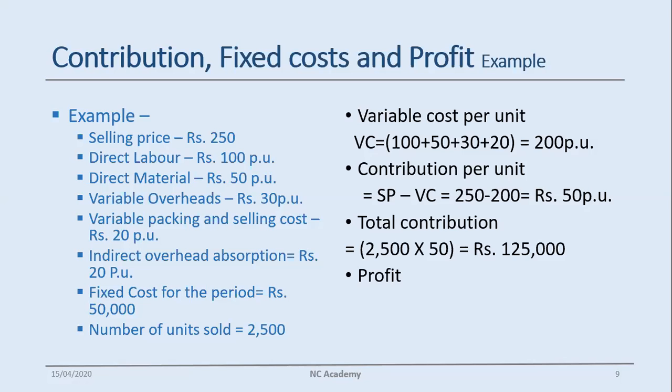Last one, what is your profit? We haven't deducted fixed cost. So from your contribution of 125,000, you deduct 50,000, that's your fixed cost, and you arrive at a profit of 75,000 by selling 2,500 units for that particular period.